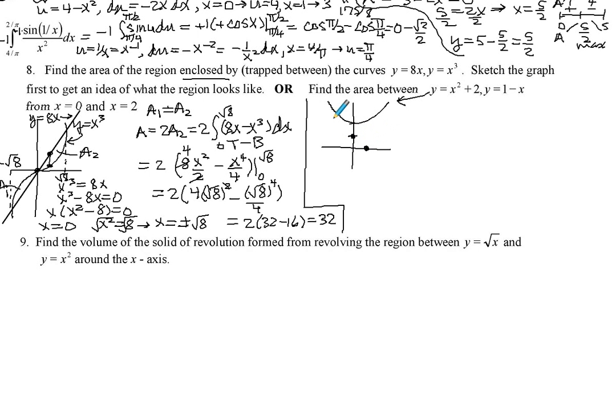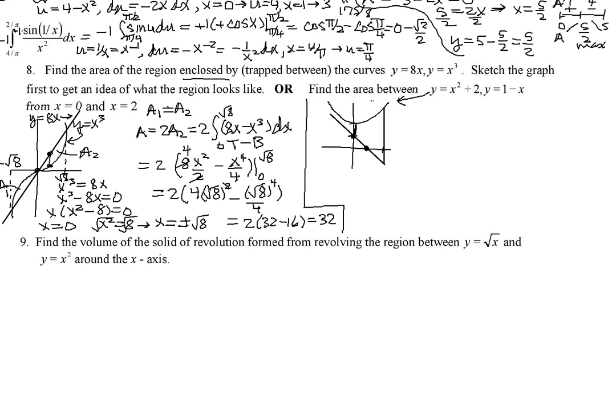So that's going to be this line. And then we are doing between 0 and 2. So x equals 0 would start here, and x equals 2, we would end here.